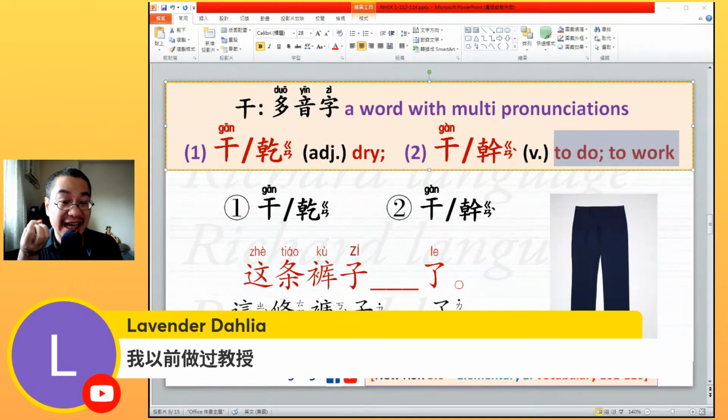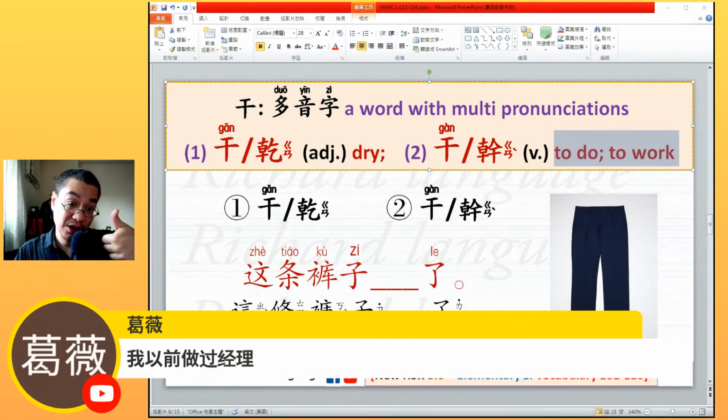I worked as a professor before. Delia, you're good, because if you use 干过教授, wow, that means you, I cannot say that. That's not good. That's improper. So 做过 is the best way to say worked as. Okay. 我以前做过经理. Good. I worked as a manager before.